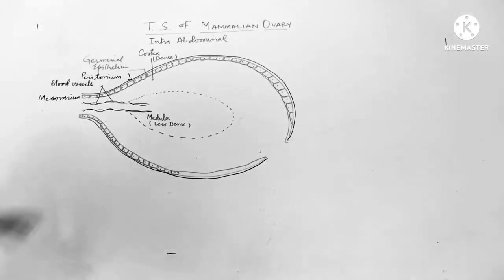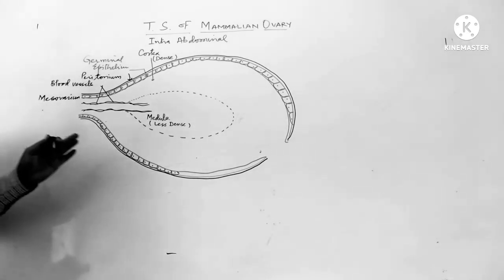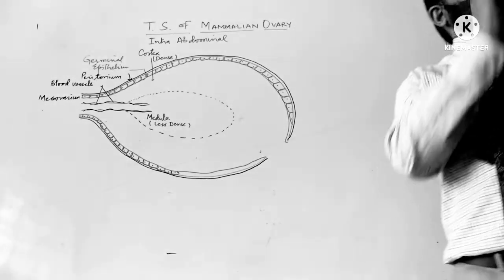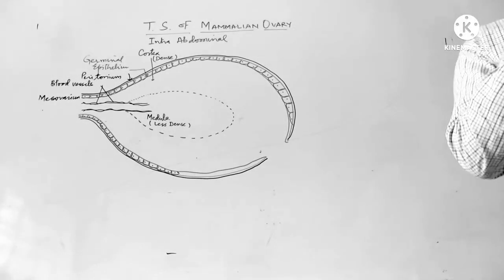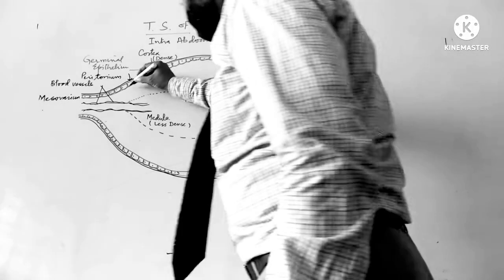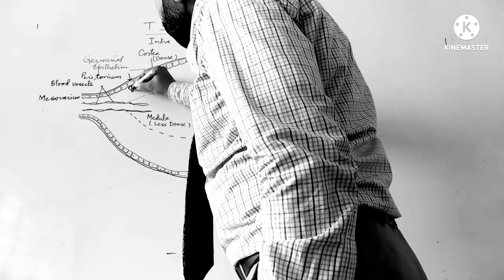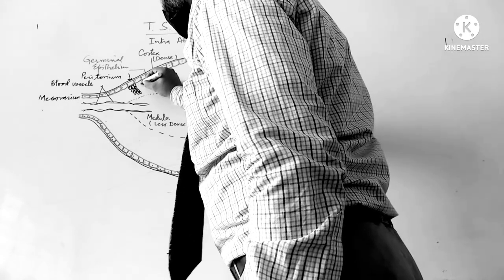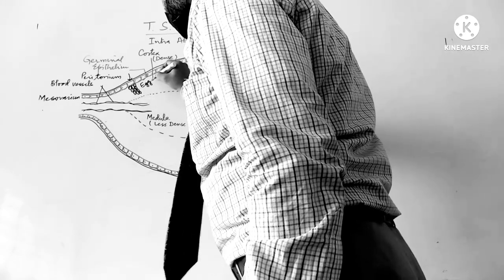In this cortex region, a number of ova are present in the immature stage, and this is known as egg nest.